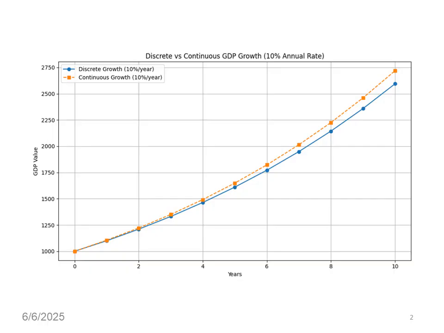First of all, as in the previous video, we have discussed GDP, the definition of GDP, components of GDP, and how we can measure GDP. As we said, we can measure GDP in three ways: the expenditure approach, income approach, and the production approach.